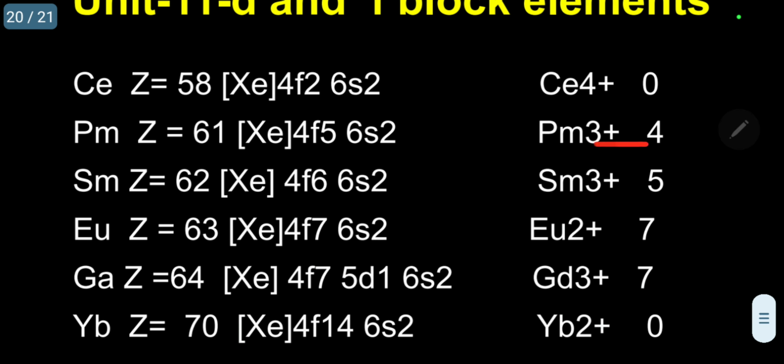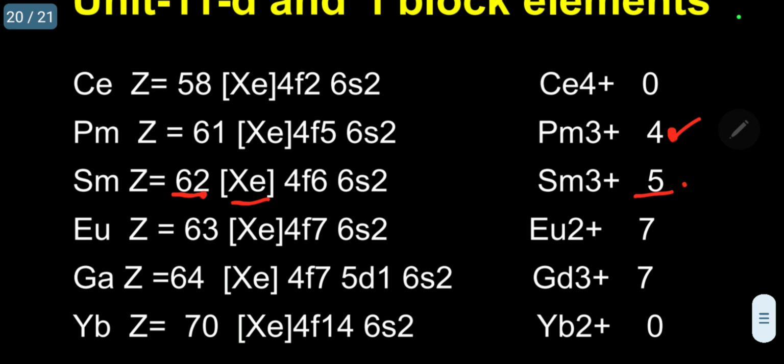So Pm 3 plus means 2 plus 3 removed, so 4 is the number of unpaired electrons. Then Sm, atomic number 62: xenon inner configuration, 4f6, 6s2. So 3 plus, this is 5.